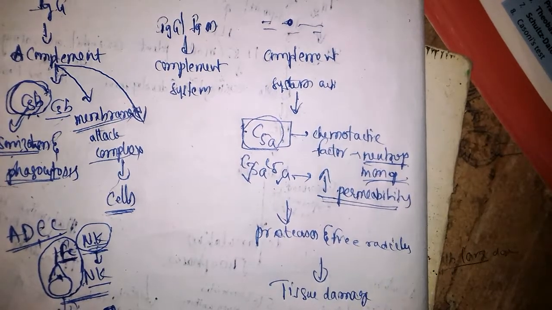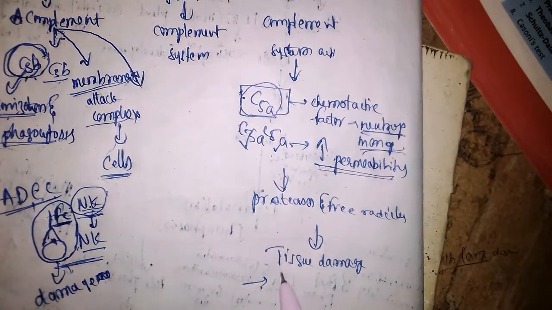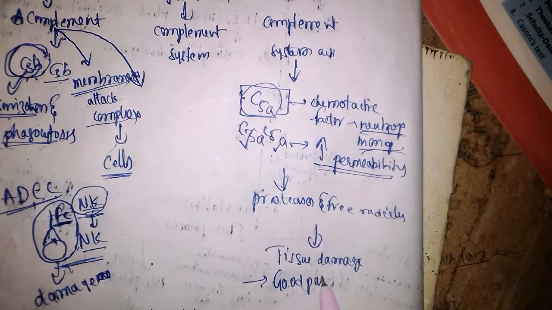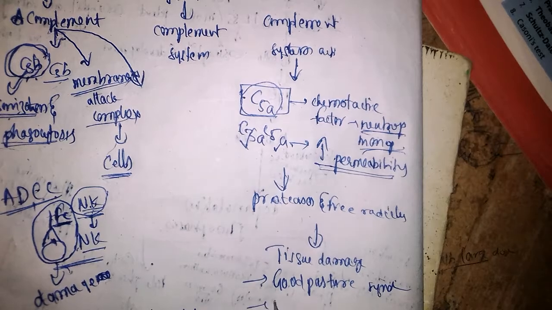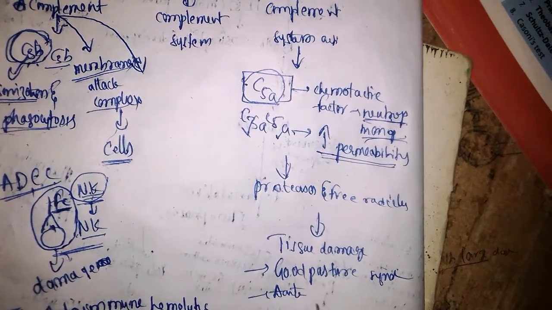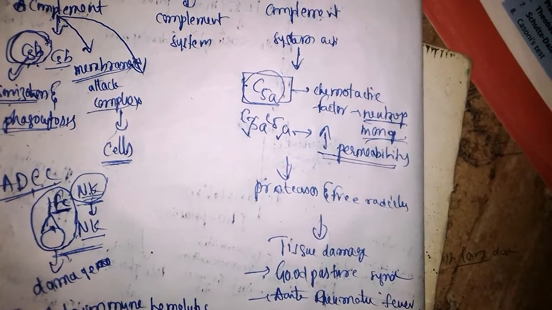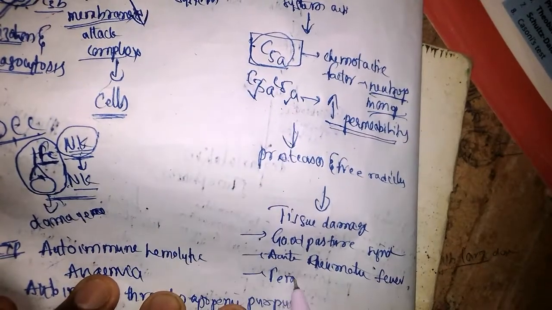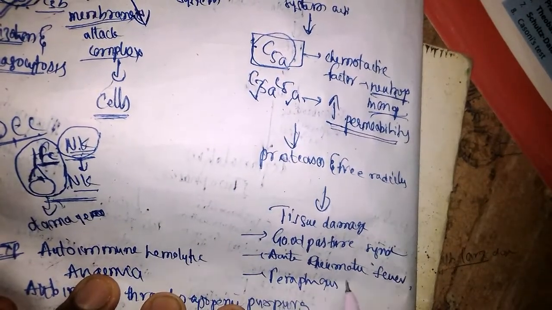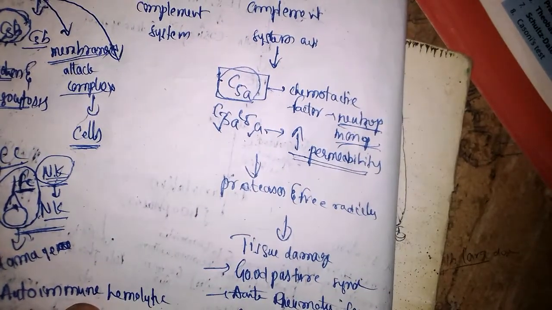The examples of this mechanism include Goodpasture syndrome, acute rheumatic fever, and pemphigus vulgaris. Okay, these are the important diseases which use this mechanism for their pathogenicity.